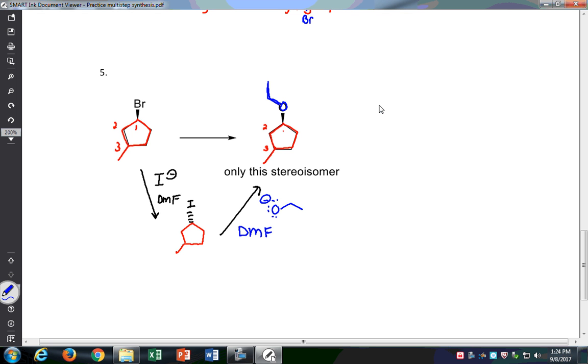Now we will still have some issues, but this is the best route. The main issue is we have to be really careful not to get elimination. So we don't want to heat this too much, because heating will favor elimination, as it is secondary. But as far as our stereochemical control, this will attack and we'll get the inversion product.